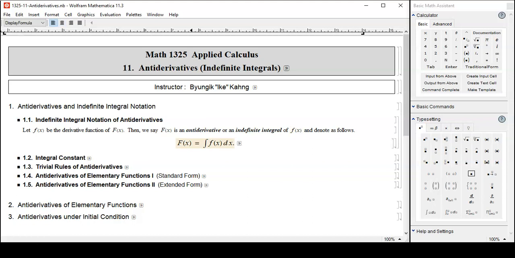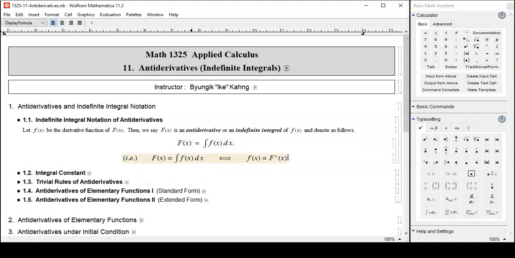We say capital F of x is an antiderivative of small f of x and denote like this, but oh boy, look at this notation. What is this? Let's analyze this a little bit further. This expression is the same as this right-hand side. Small f of x is a derivative of capital F of x, which is basically this one here, which I'm highlighting in blue.